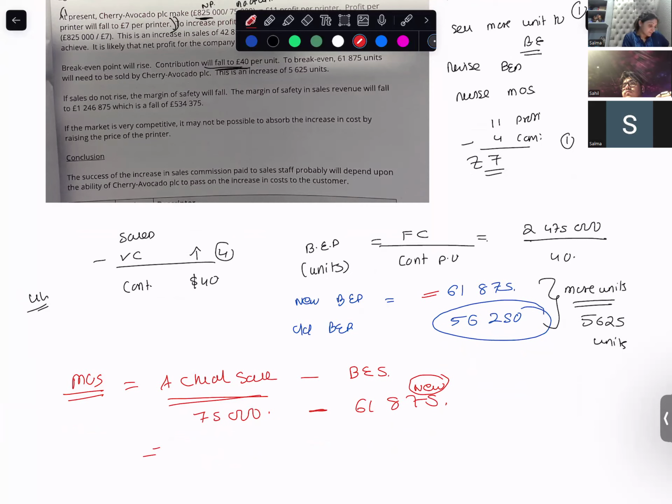It's 75,000 minus 61,875, which is 13,125, multiplied by the sales revenue.